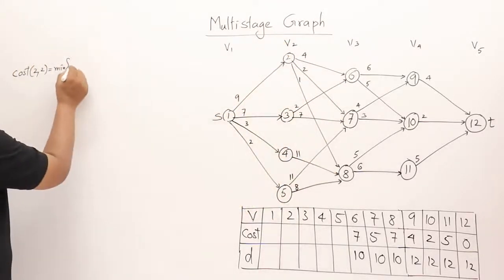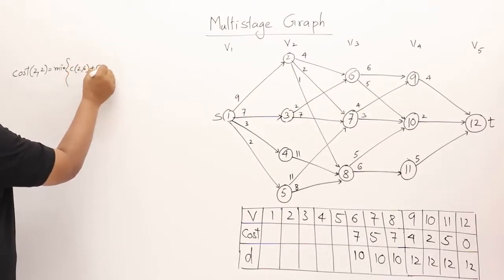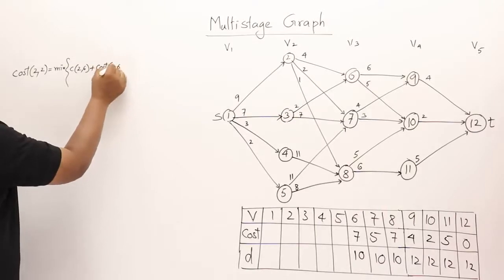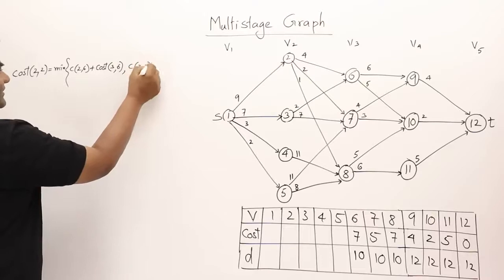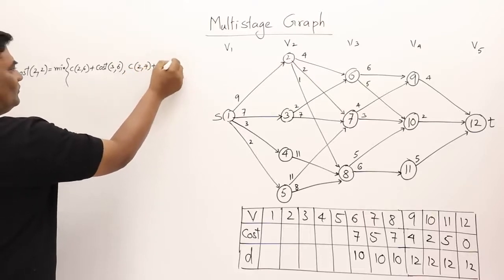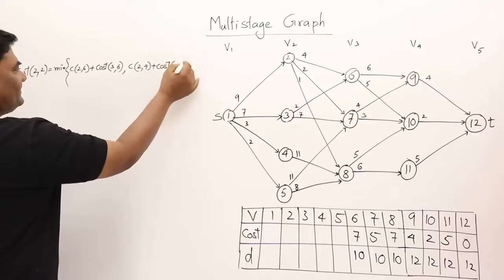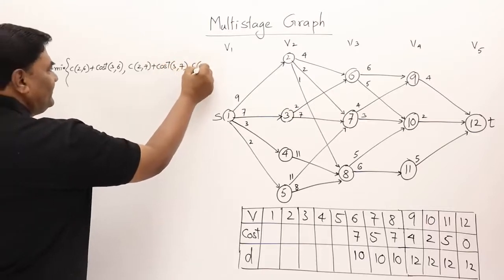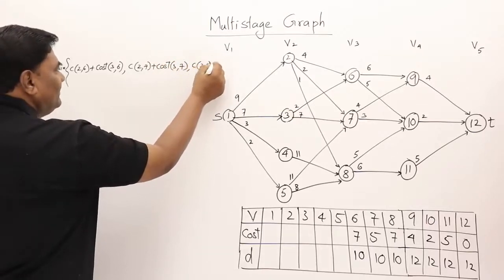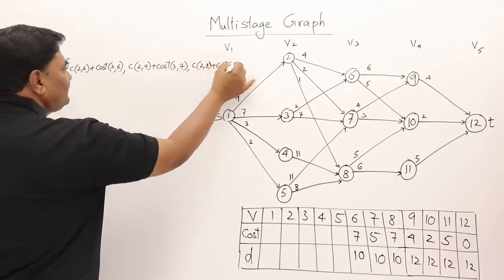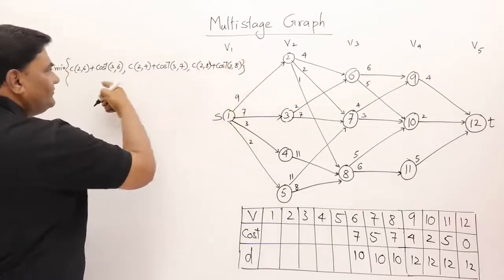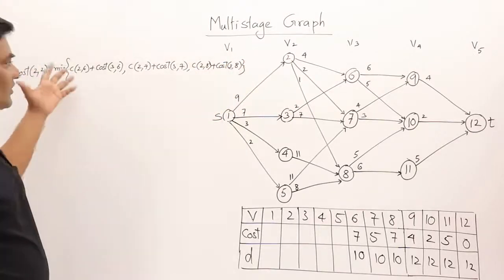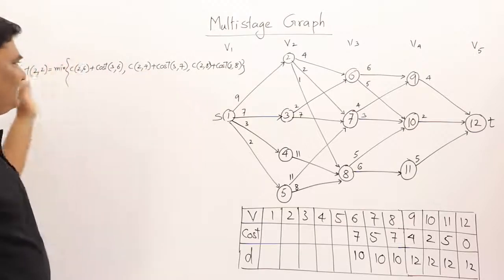So this is the minimum of cost of an edge from 2 to 6 plus cost of vertex 6 in stage 3, comma, cost of an edge from 2 to 7 plus cost of vertex 7 in stage 3, comma, cost of an edge from 2 to 8 plus cost of vertex 8 in stage 3. I have elaborated the cost function here itself. Out of these I have to take the minimum.